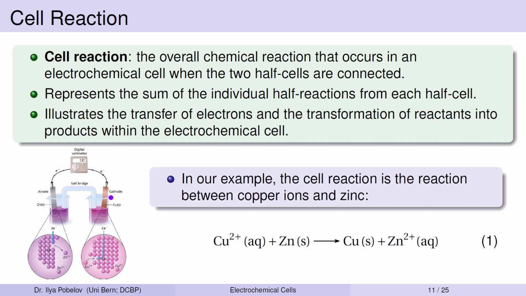At the cathode, copper ions in the solution accept these electrons and are reduced to copper metal, which deposits on the electrode. This flow of electrons from the zinc anode to the copper cathode generates an electric current, while the chemical changes at each electrode demonstrate the underlying redox processes driving the cell.